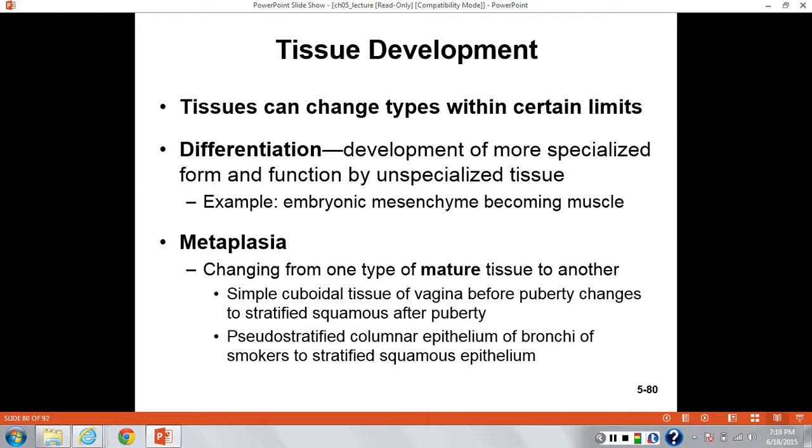Alright, look at metaplasia, change. Now some tissue is going to change because that's what you want them to do. So when you look at simple cuboidal tissues of the vagina before puberty, but after puberty they become what? Stratified squamous. Alright? So, one thing I know is that as you get to a certain age, women get what? Pap smears. Why do you get pap smears? Okay.